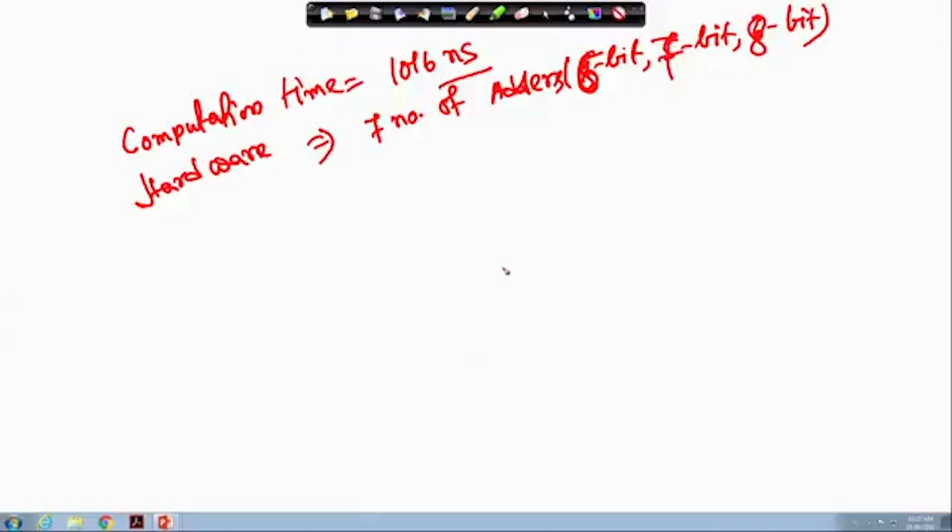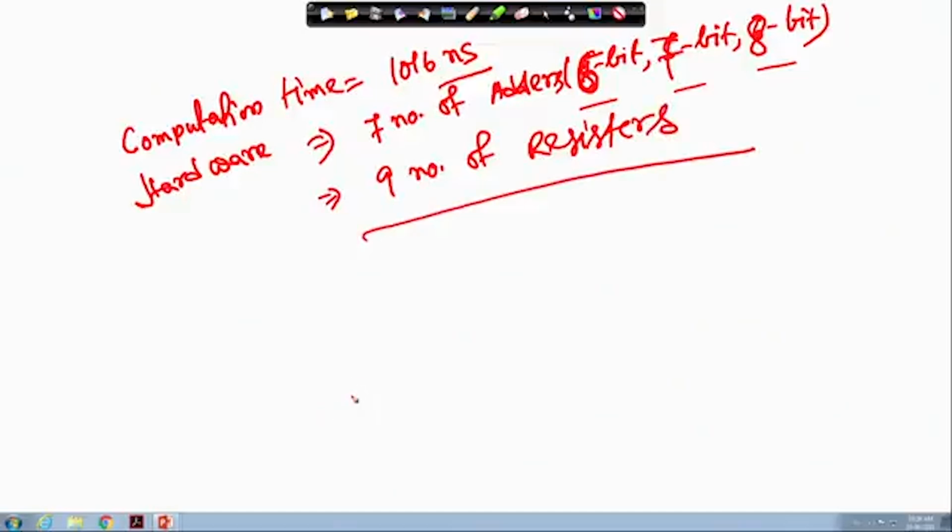Why I require 8 bit, I will come to later. What the corresponding bit sizes will be, I will discuss again. And a total of 8 plus 1, that is 9 registers, I require as the hardware requirement.